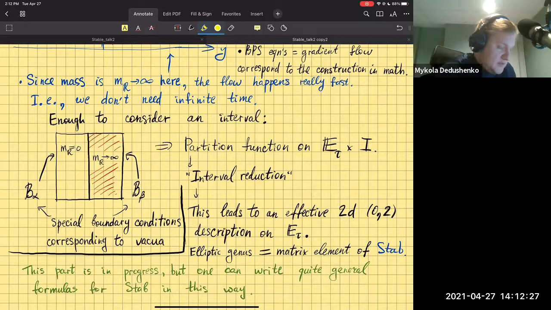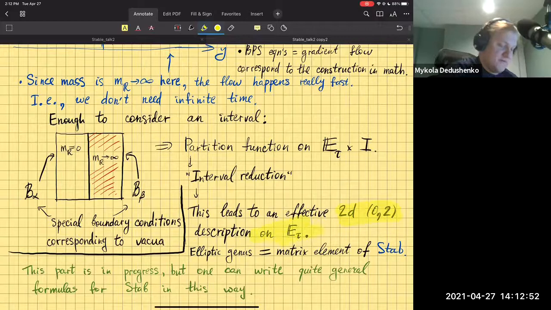This leads to a certain effective 2D N=(0,2) description. You can take the elliptic curve really large and then look from far away, and it looks like you just get a two-dimensional theory with (0,2) supersymmetry.